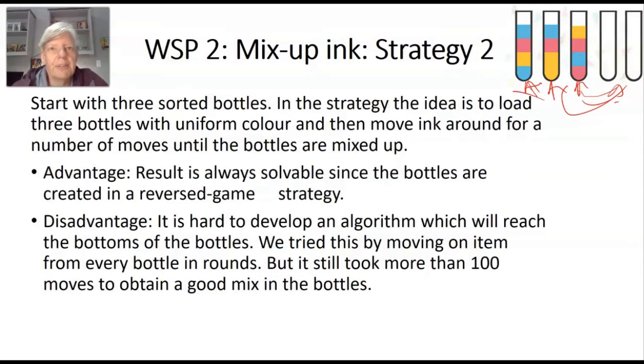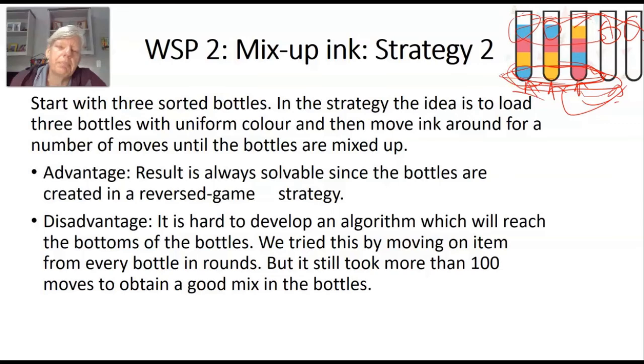Now, the difficulty is that if you start moving randomly from this one to that one, you might end up not moving the bottom. So if you just keep on moving randomly, it's very hard to actually scramble the bottom part.